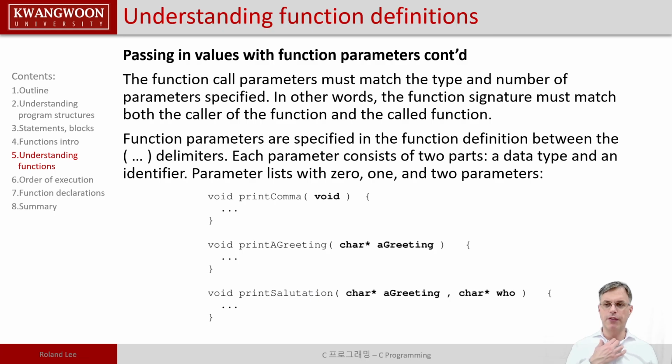Value identifiers are very similar to function identifiers, where a function name can be called from somewhere. The parameter identifier is the name by which the passed in value can be accessed within the function body. Now let's look at what parameter lists look like with 0, 1, or 2 parameters.